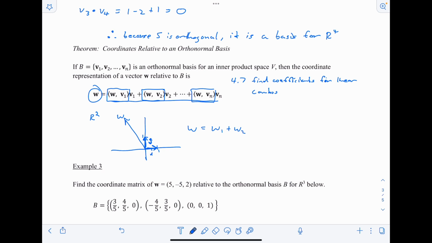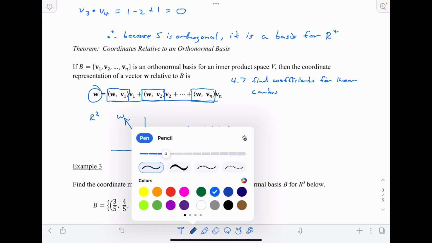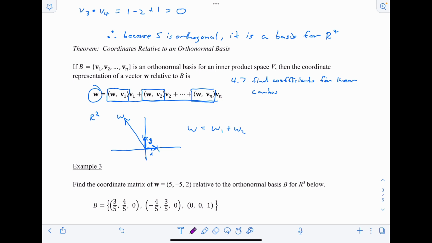And so in this case, what I could do is project W onto I and create what I'm going to call W1, which is the projection of W onto I. And then I'm going to create another projection, and we're going to call that W2, which is the projection of W onto J.